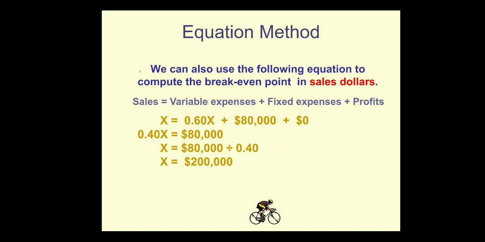So it shows that if the Wind Bicycle Company wants to achieve break-even point, it has to make sales of $200,000 per month.